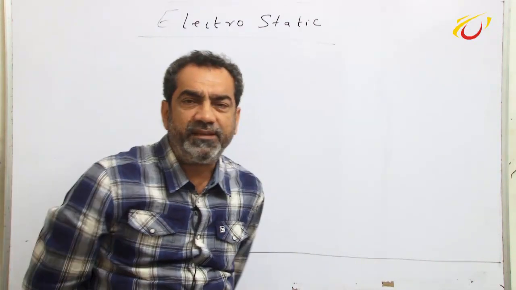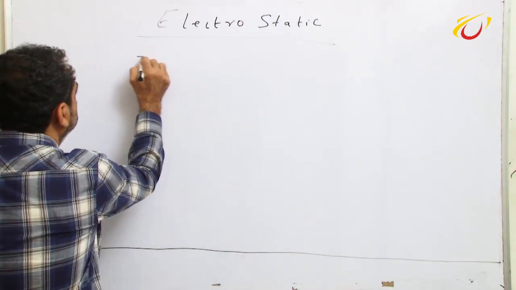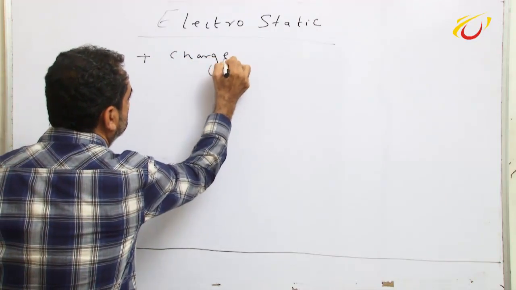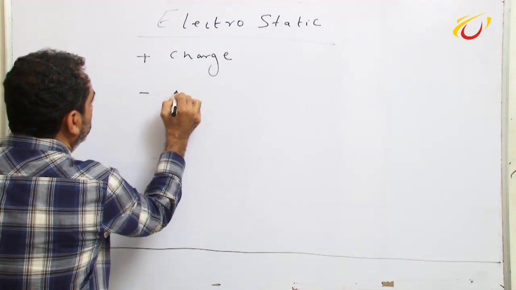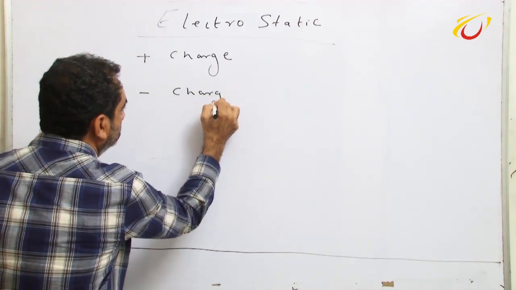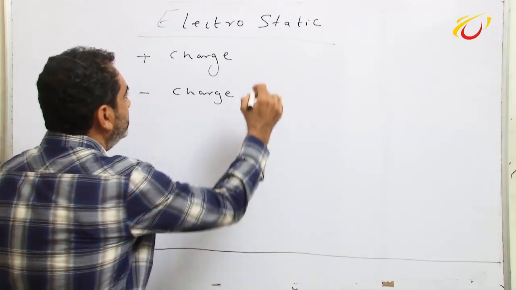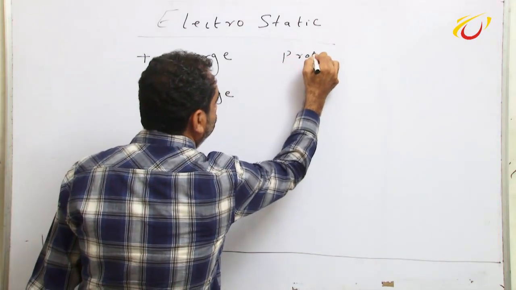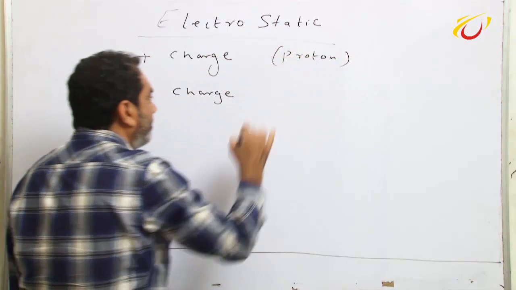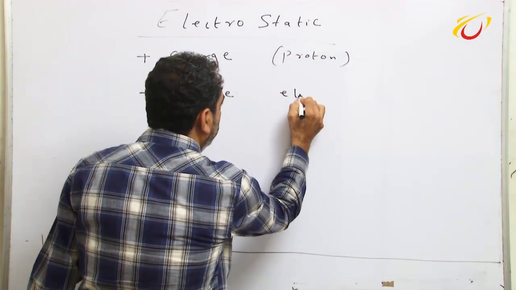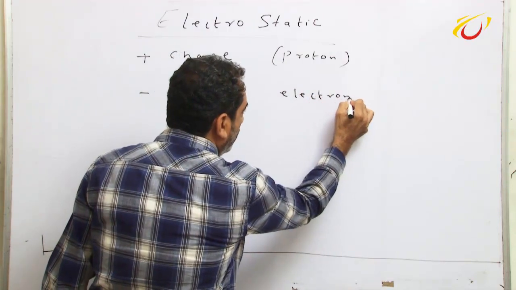Okay, we have seen there are two types of charges. One is positive charge, one is negative charge. The best example for positive charge is proton. The best example for negative charge is nothing but electron.